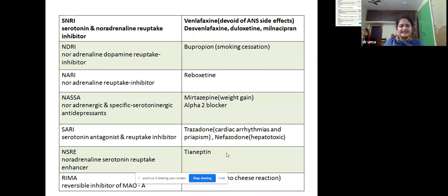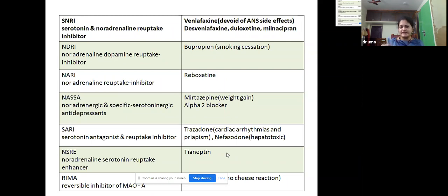Now SNRI, that is serotonin noradrenaline reuptake inhibitor. The drugs are venlafaxine, desvenlafaxine, duloxetine, and milnacipran. Now, most commonly, how they will ask is which is the NDRI, which is the NARI, which is NASA. Likewise, NDRI, noradrenaline dopamine reuptake inhibitor, only one drug, that is bupropion.